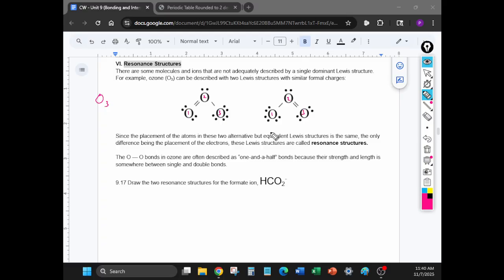So even the formal charges don't really tell us what the best structure is here. That's where we need to use resonance structures. An easy way to think about it is that resonance structures are what we use when there are multiple best Lewis structures.